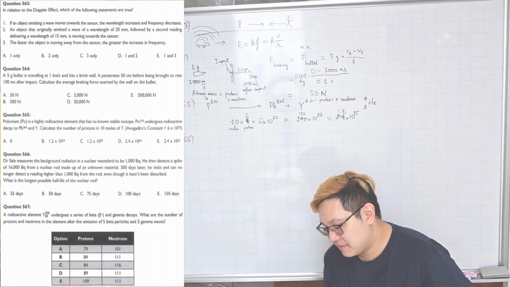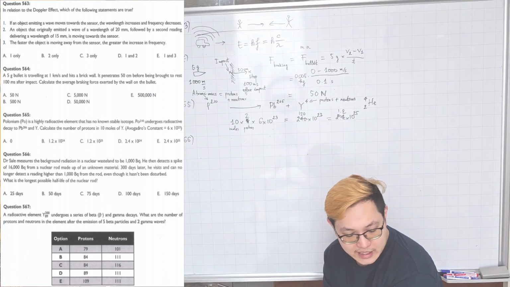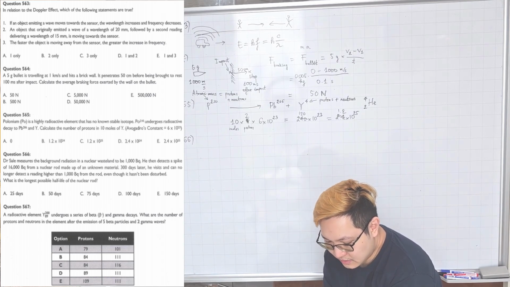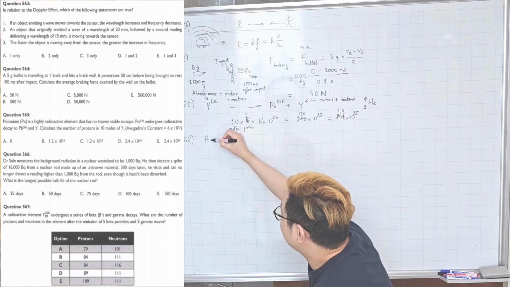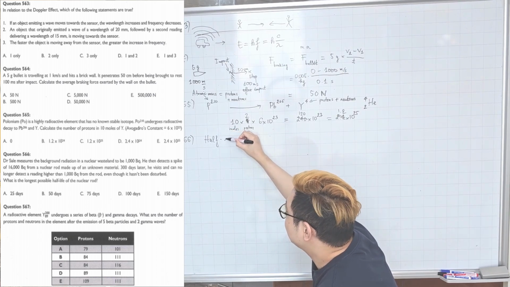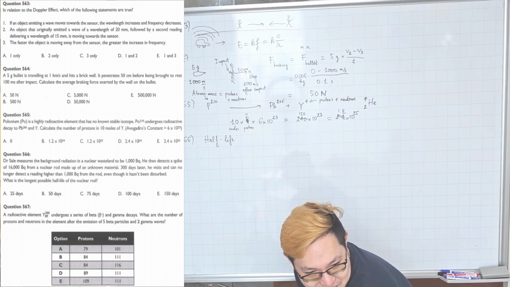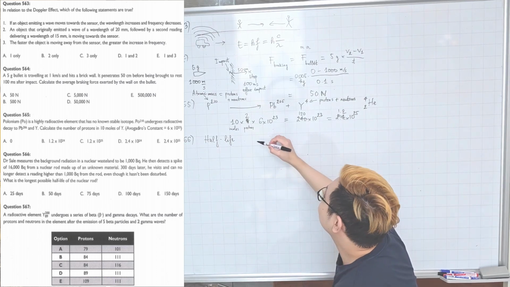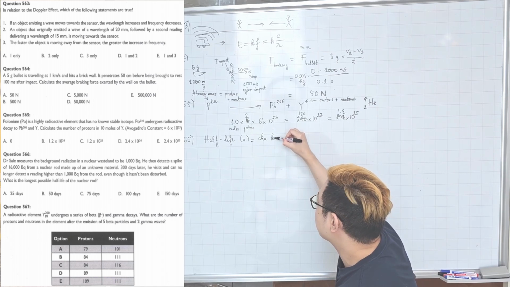What is the longest possible half-life of the nuclear rod? Nó hỏi là chu kỳ bán rã dài nhất có thể của cái thanh hạt nhân đó là gì? So what is half-life? Yes, I know it's the name of a game, right? Nó là tên của một trò chơi game, yes. But half-life here means chu kỳ bán rã.